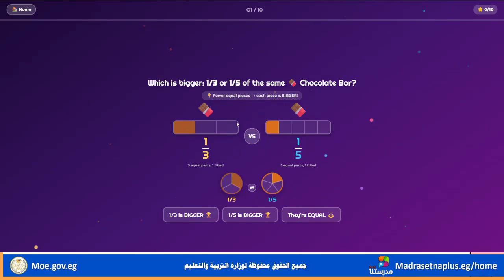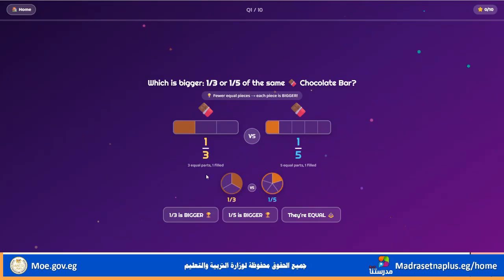The two chocolate bars are the same size. Now, which part can you differentiate easily between third and fifth? Yes, it's easy to see 1/3 is bigger than 1/5. 1/3 on the left is bigger than 1/5 on the right.